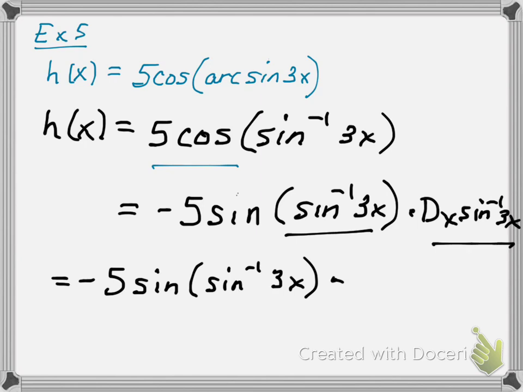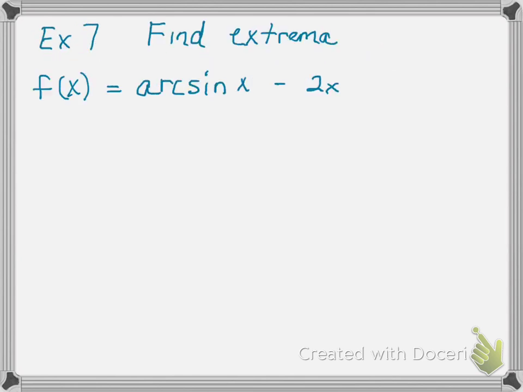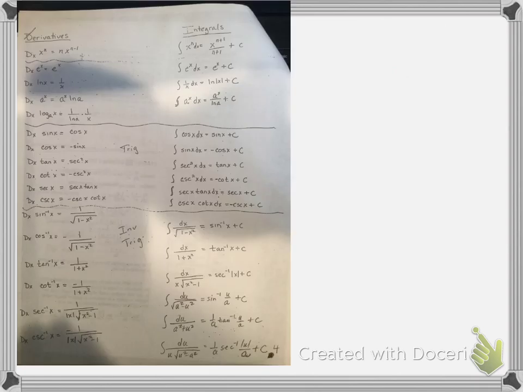So let's go look at the formula for an inverse sine. Inverse sine is right here. The derivative of inverse sine is 1 over the square root of 1 minus x squared. And remember, I don't have an x here, I have a 3x here. So that means I'll have a 3x parentheses squared right here. And because that's more complicated than just an x, I'll have to multiply times the derivative of 3x.